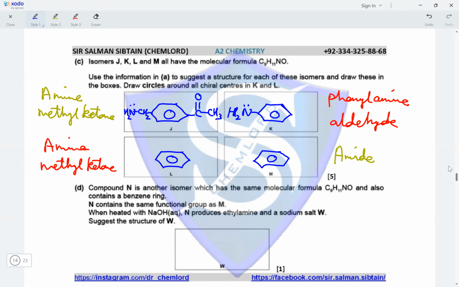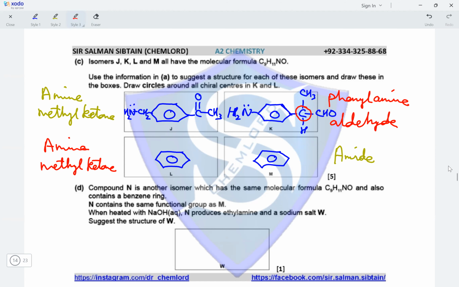Three carbon atoms would mean that it can have a CH2, CH2, and CHO group, but it also says to draw the circle around a chiral carbon atom. All the carbon atoms drawn currently will not be chiral. So in order to make a chiral carbon atom, we need to have a carbon with a CHO group, the aldehyde group, a CH3 group, and a hydrogen atom, making it chiral. So this is the chiral carbon atom in compound K.